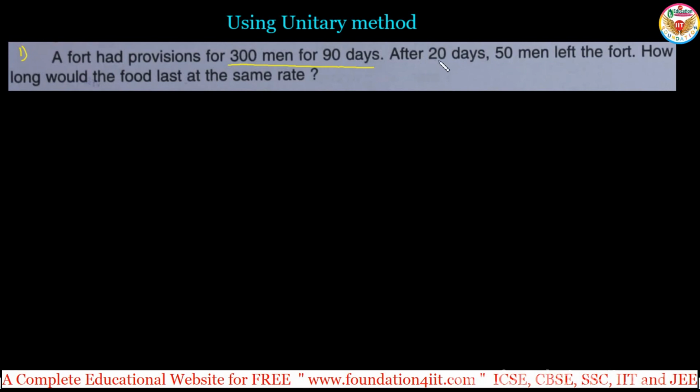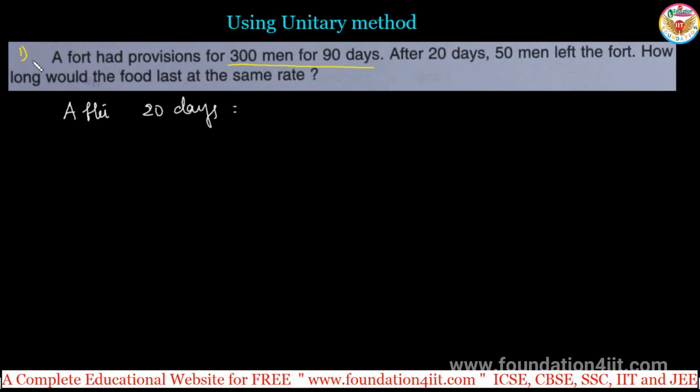So that means for the remaining 70 days. Let's start the problem from after 20 days. The statement is given: sufficient food is for 300 men for 90 days. So therefore, after 20 days.